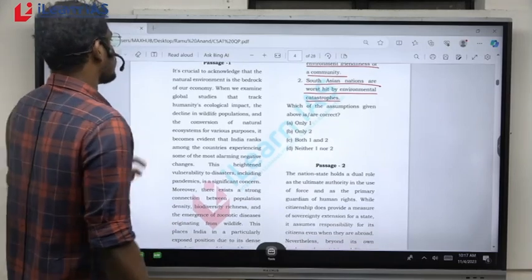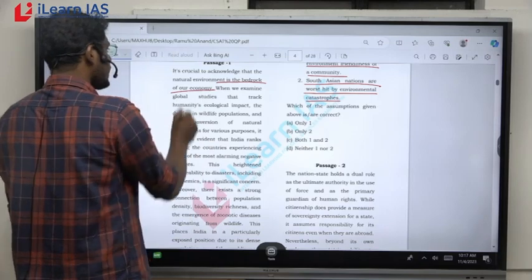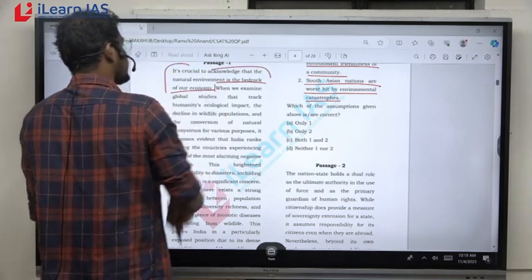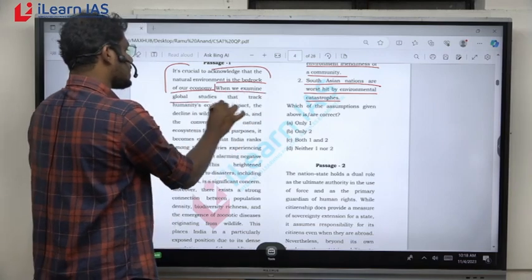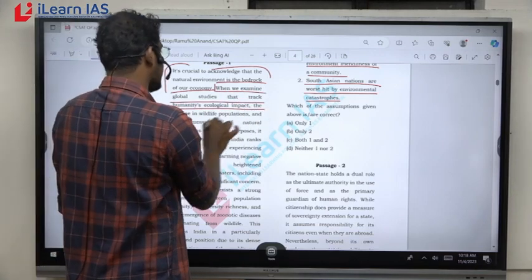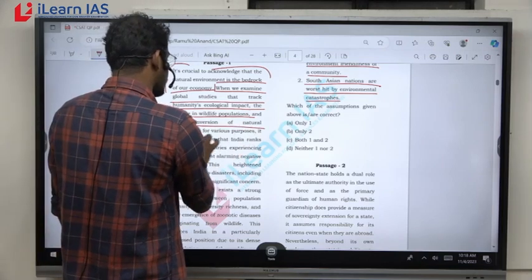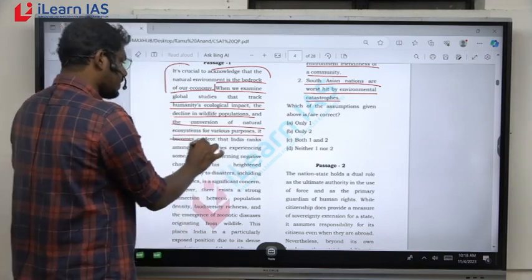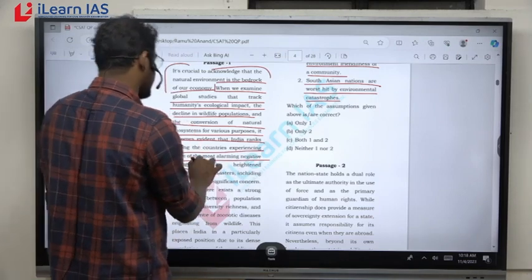It is crucial to acknowledge that the natural environment is a bedrock of our economy. When we examine global studies that track humanity's ecological impact, the decline in wildlife population and the conversion of natural ecosystems for various purposes, it becomes evident that India ranks among the countries experiencing some of the most alarming negative changes.